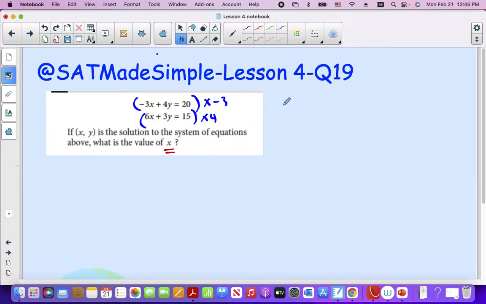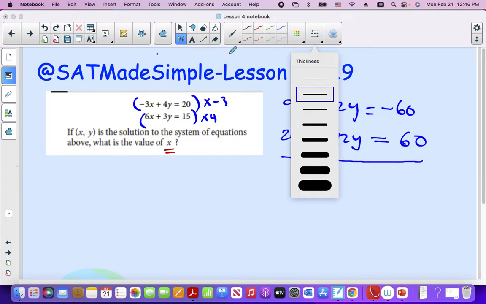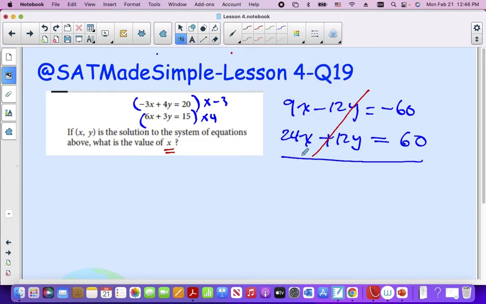So that will give me 9x minus 12y is equal to minus 60, and 24x plus 12y is equal to 60, and I add the two equations. Adding the two equations, 12y and minus 12y cancel, 60 and minus 60 cancel, so the right side is equal to 0.